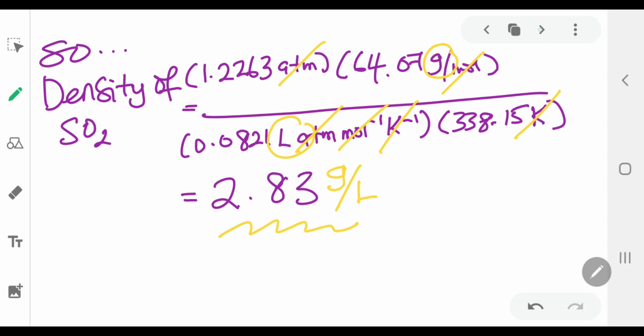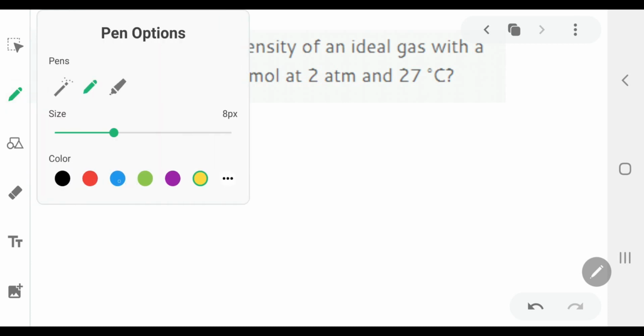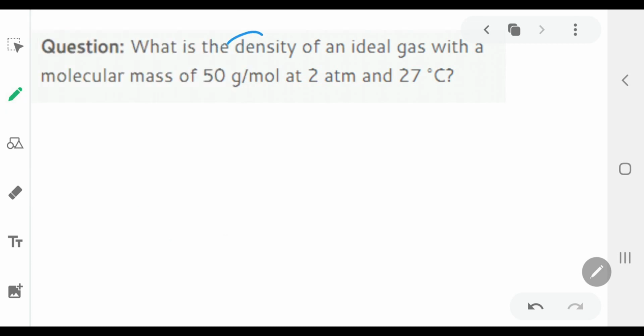Now, let's have a look at another example. So over here, the question wants you to find the density as well. Okay, so you need to find the density of the ideal gas. So it's good for you to always scrutinize the question. Try to find out important information.